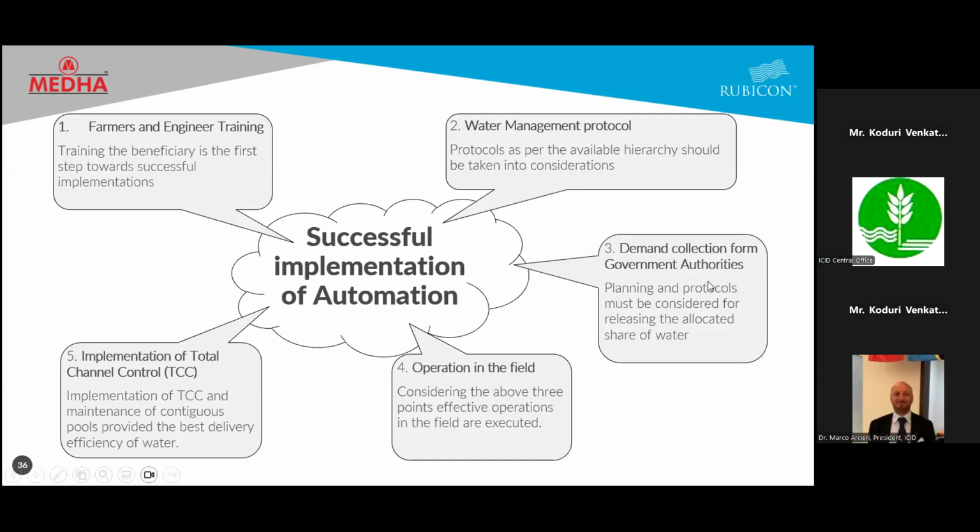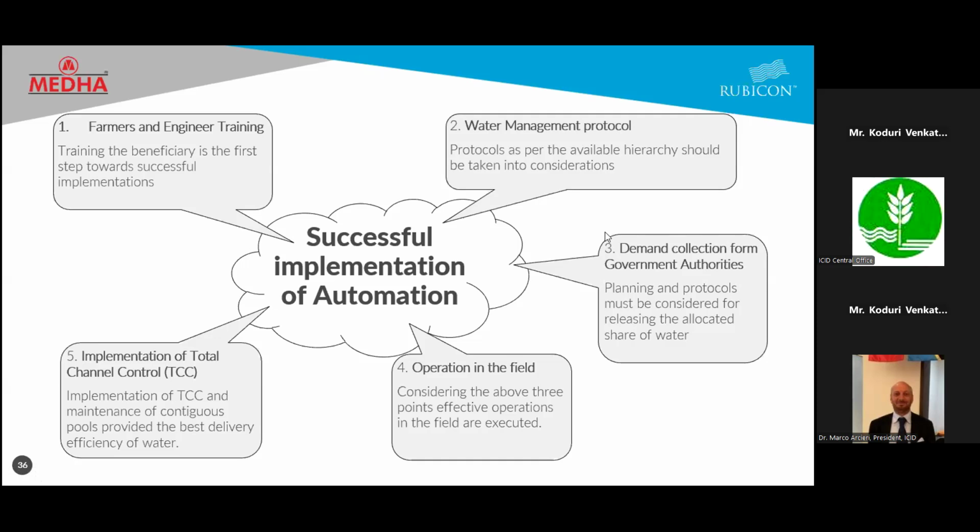Third one is demand collection from the government authorities. This is done for the scheduling part, if you remember, and the planning and protocols must be considered for releasing the allocated share, which is there in the account of the stakeholder.